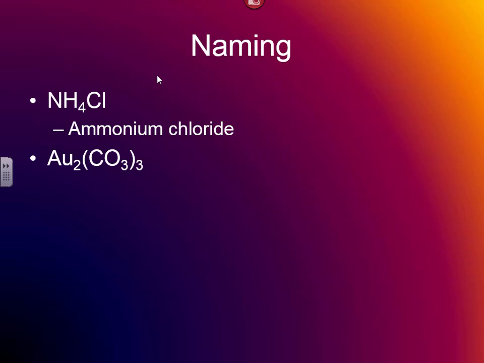What's carbonate's charge? -2 times 3 of them makes -6, which means we have to have a +6. +6 divided by 2 gold atoms means each gold atom has to be a +3. Gold is a transition metal, so you need gold 3 carbonate.